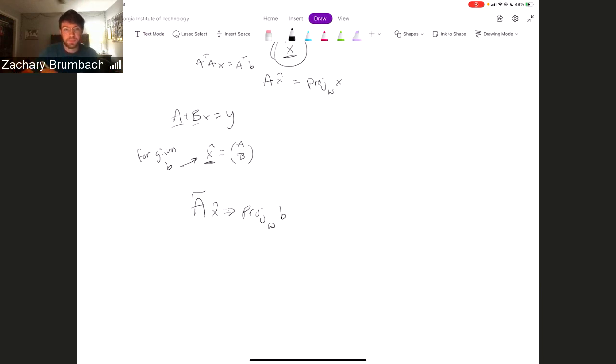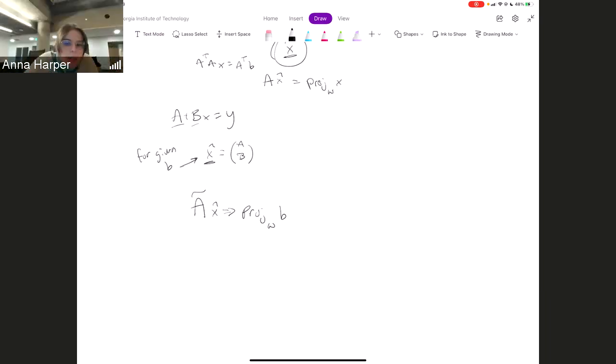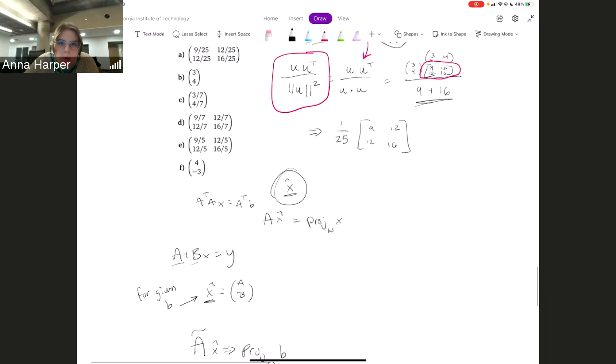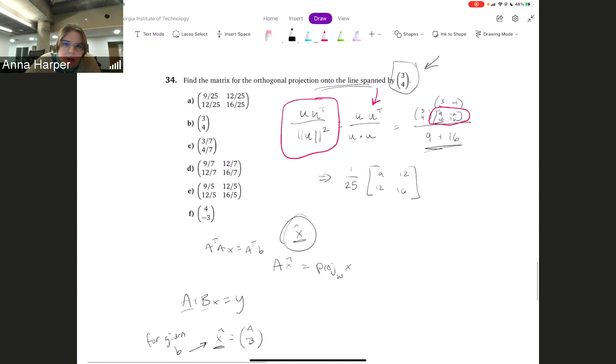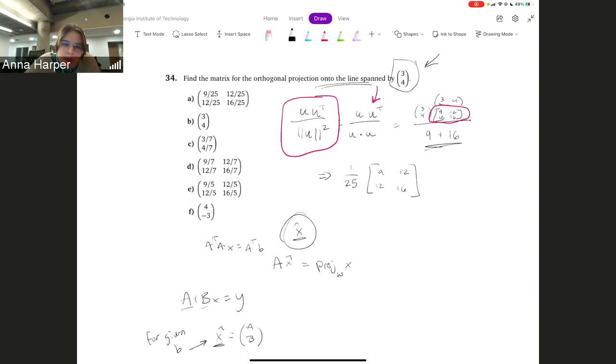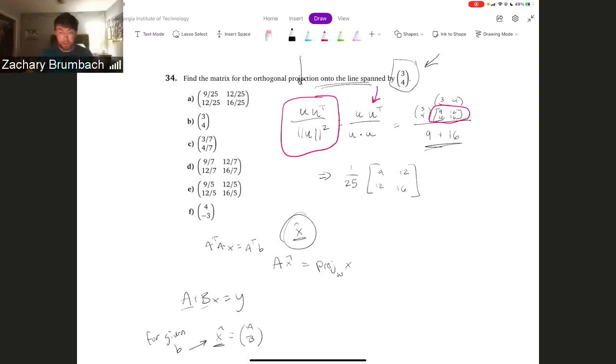So if we were asked to find the general matrix for the projection, would it be better to do the other one? And if we're asked to find the projection, would it be better to do the first one? Do they both give you the matrix for the projection? So this gives you the general matrix for a line.